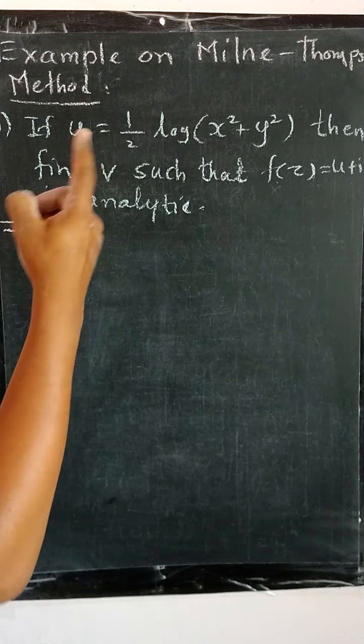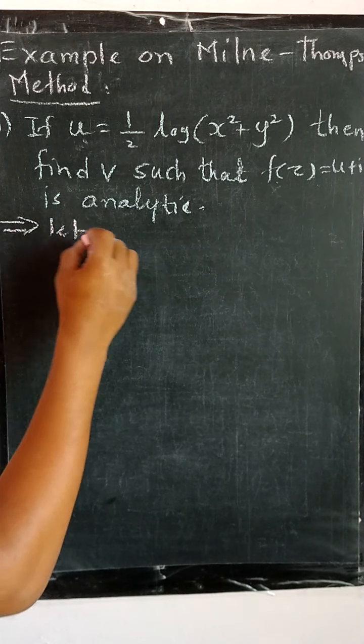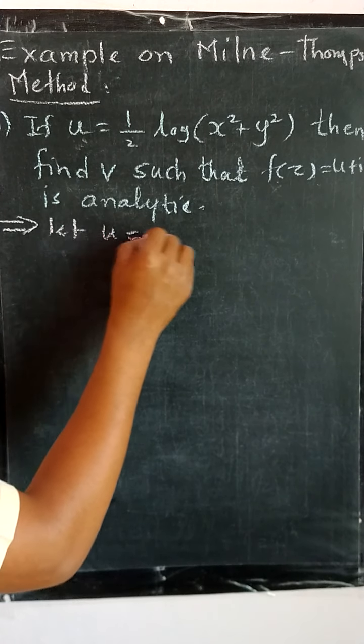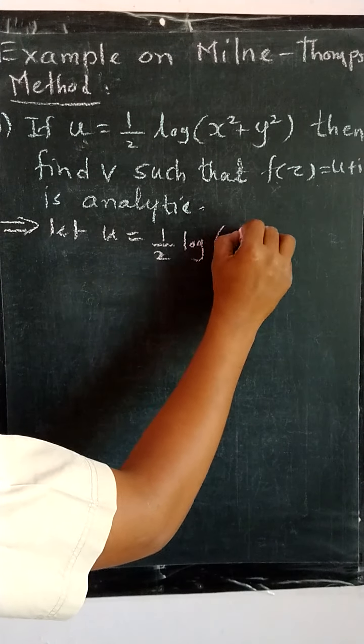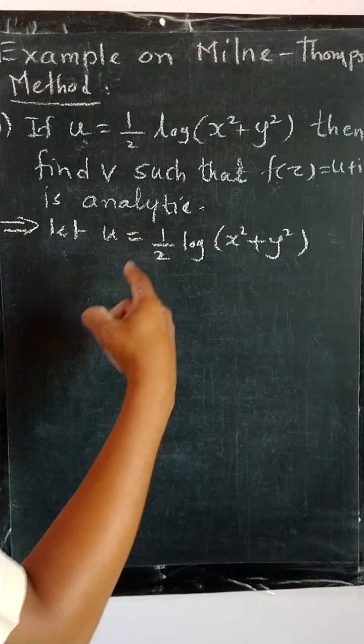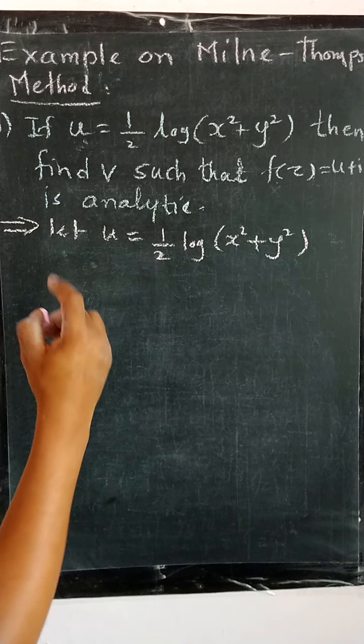We follow the steps given by Milne Thompson, that let u is a function of xy, that is half of log of x square plus y square. So we can find its derivative.